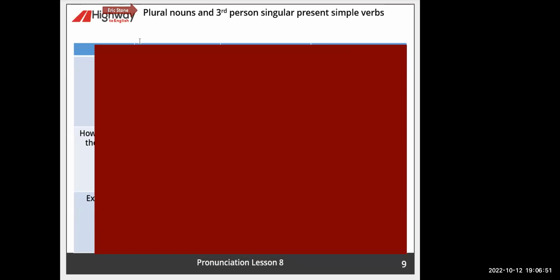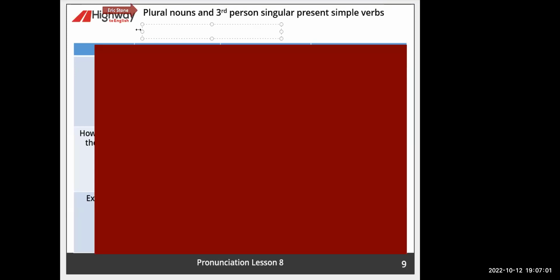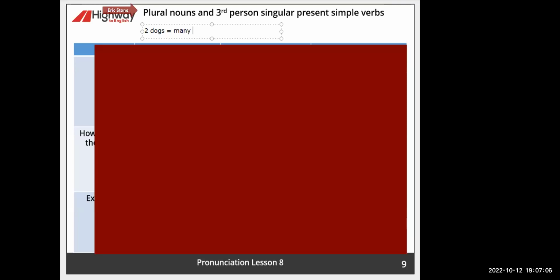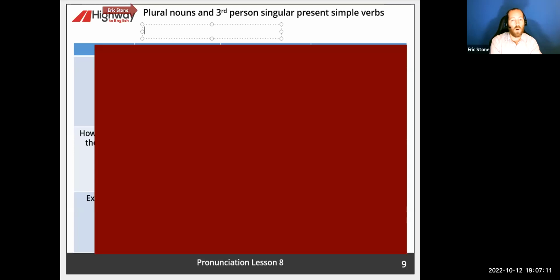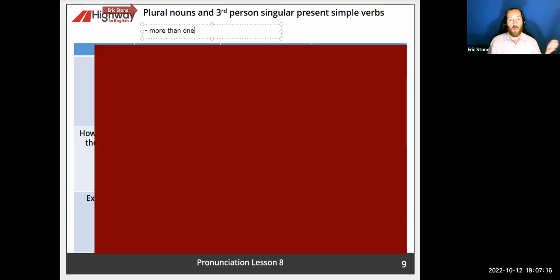Plural does not mean many, it just means more than one. It's not about a lot. So 2, 3, 4, more than one. Good. So that's plural nouns.